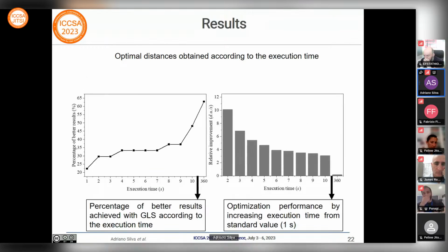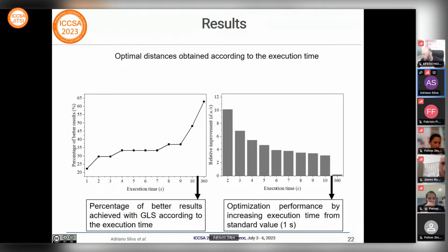But I will discuss this in more detail now, because here on your left, we have a graph showing the percentage of best known solutions that were overcome according to the execution time used. We can see a sharp increase from 9 to 10 seconds of best solutions overcome, and from 10 to 360 seconds, we also had a significant increase.